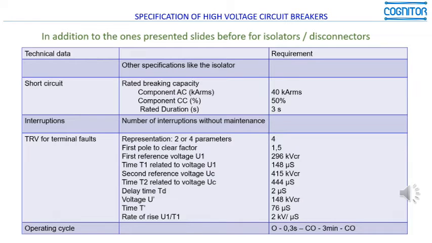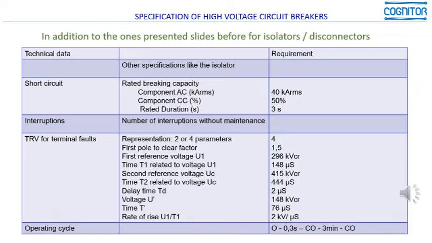But here, in the circuit breaker specification, we include also the short circuit parameters: rated breaking capacity, in this case 40 kiloamps RMS, the percentage of continuous current components, the rated duration of the short circuit, that in this case is 3 seconds, usually it's 1 second, something like this, but in this case it's 3 seconds.